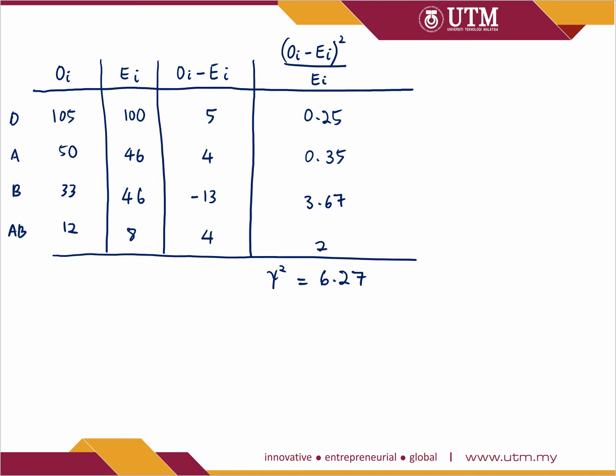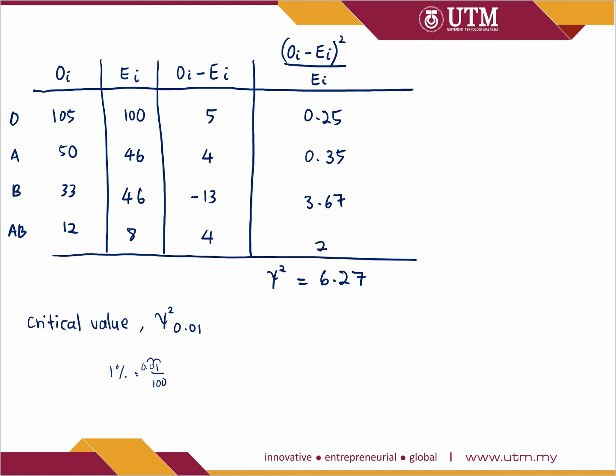Next we find the critical value. Given chi-square with alpha equal to 0.01, because 1% means 1 divided by 100.